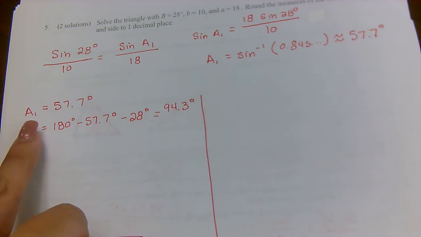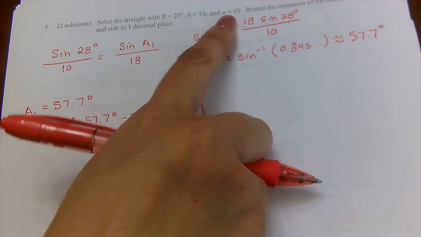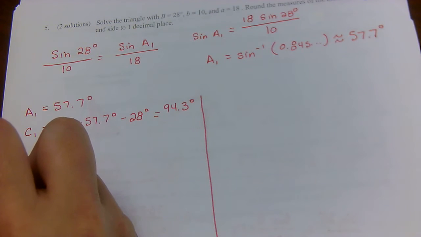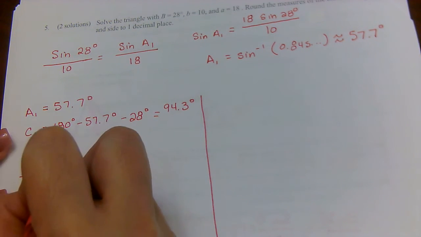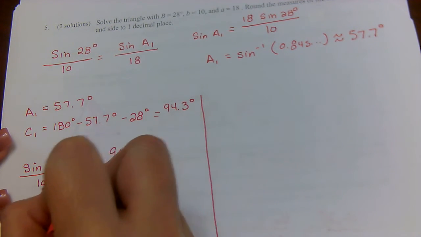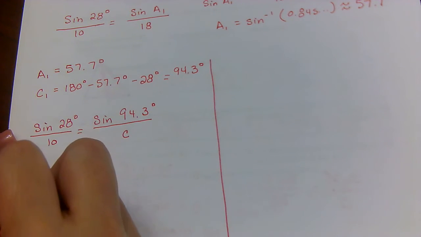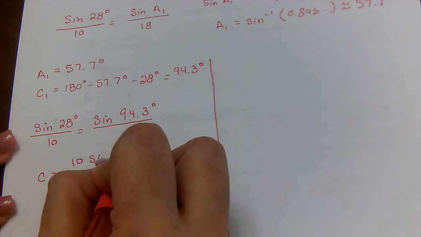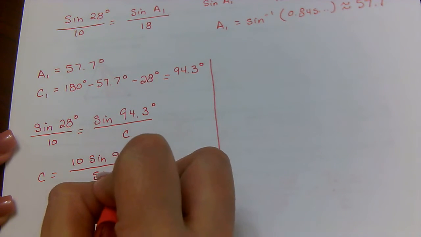Okay, so now we have A, C, and B. We're given A, B, and we just need to find little c. So let's use our ratios again. Sine of 28 degrees over 10 is equal to sine of 94.3 degrees over little c. Okay. Bat and ball, C is equal to 10 sine 94.3 divided by sine of 28.